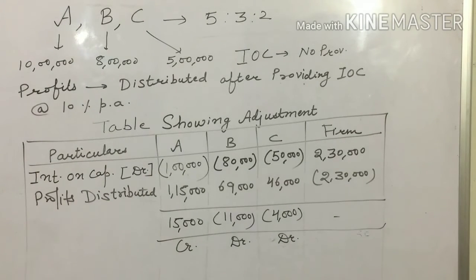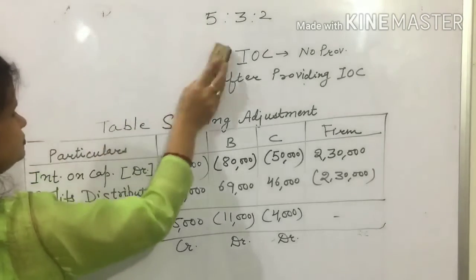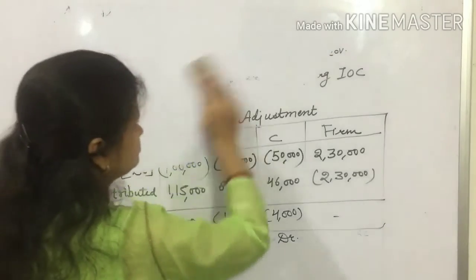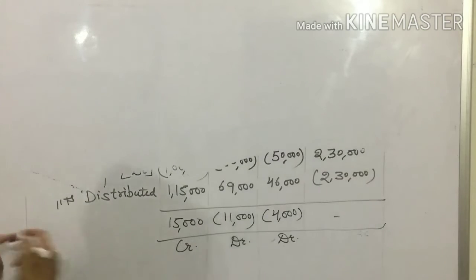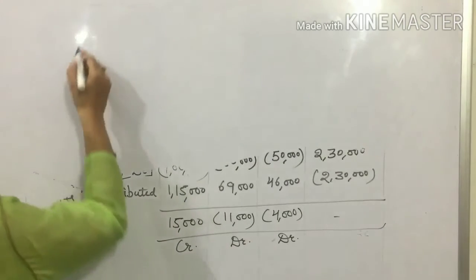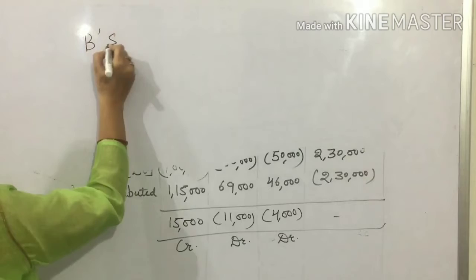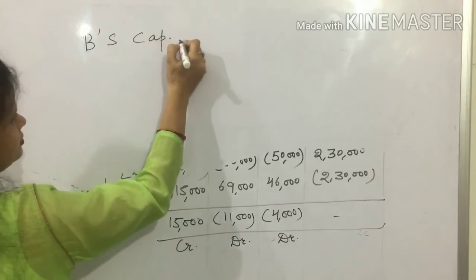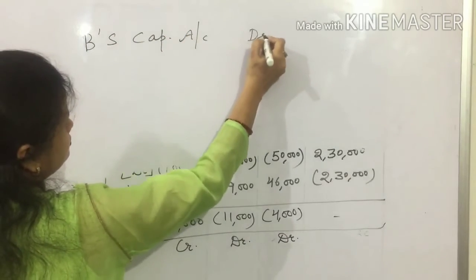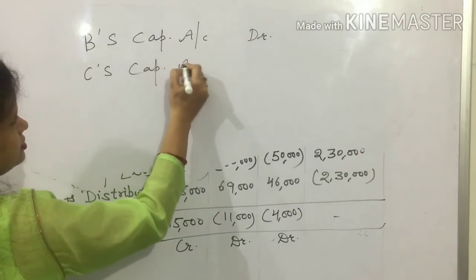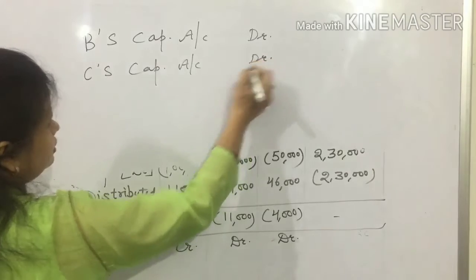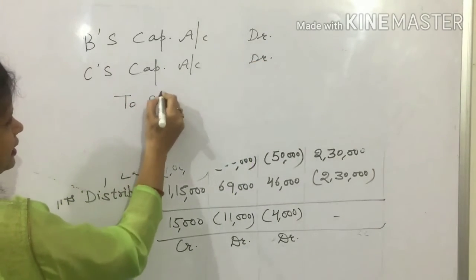So our adjustment entry will be, A is credited, B and C are debited. So you will write down B's capital account debit, C's capital account debit, to A's capital account.